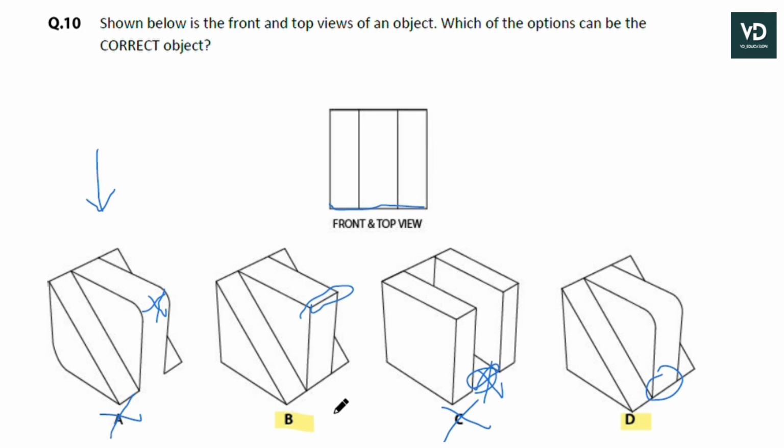If we see this object from the front view, this and this surface will look like this only, and the same D option will look like this only, because they have provided curves here, but they have provided an edge here also. Okay, so the answer will be B and D.